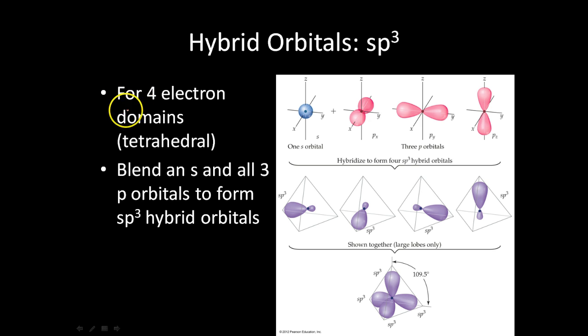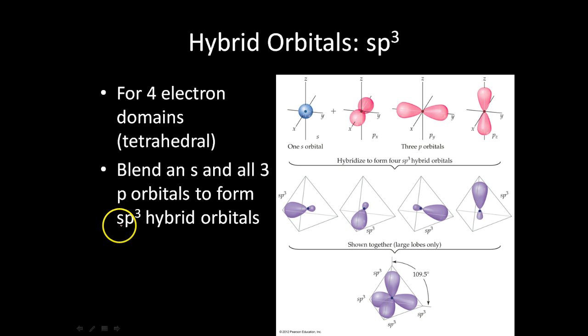If you have 4 electron domains around a central atom, you blend one of the s and all 3 of the p orbitals, and you get 4 sp3 hybridized orbitals.